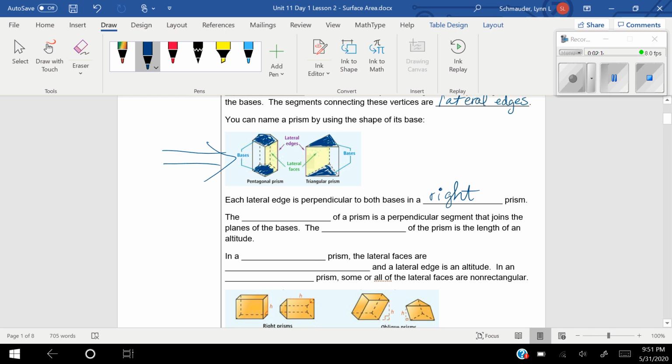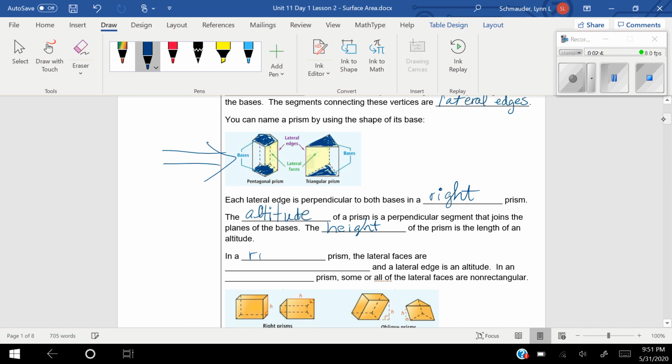And in order to calculate the surface area, you're going to need to know the height of the prism. So the altitude of a prism is a perpendicular segment that joins the planes of the bases. The height of the prism is the length of an altitude.